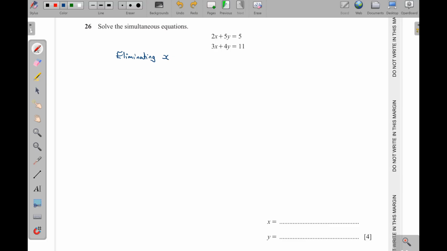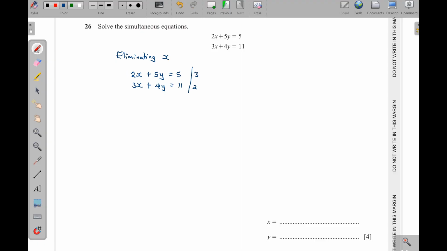Okay, many methods. So eliminating x, we shall have 2x plus 5y, which is equal to 5, then 3x plus 4y, which is equal to 11. The LCM of 2 and 3 is 6. That means I'll get this 3, put it here, and then the 2 here, put it down here. So 3 and then 2.